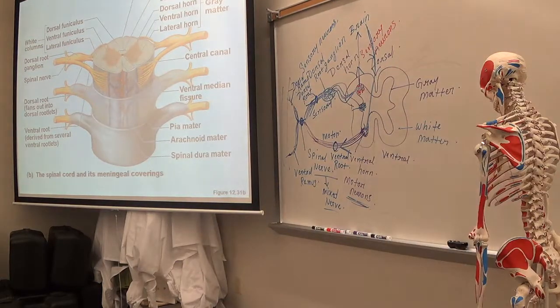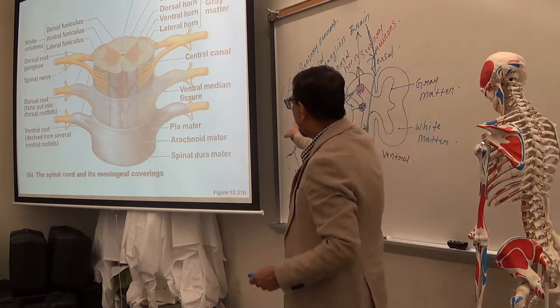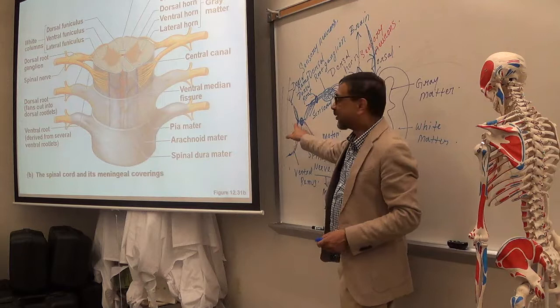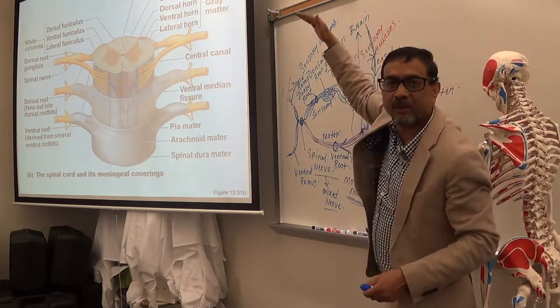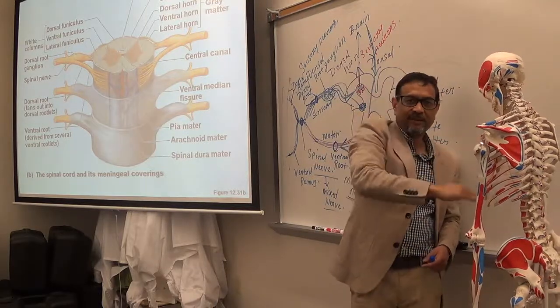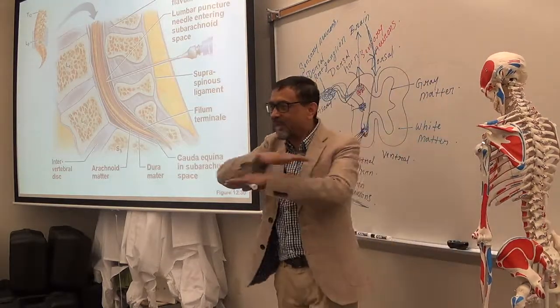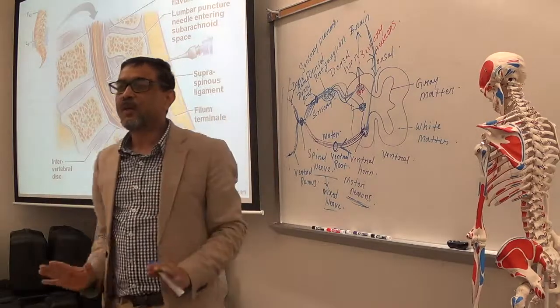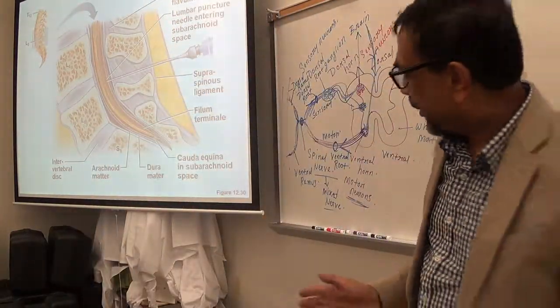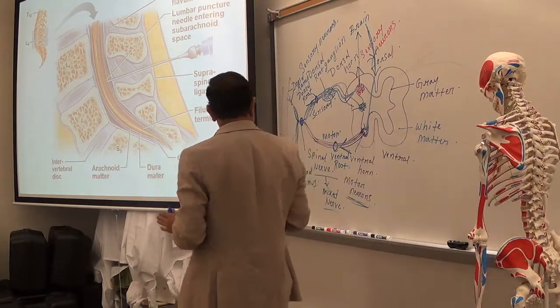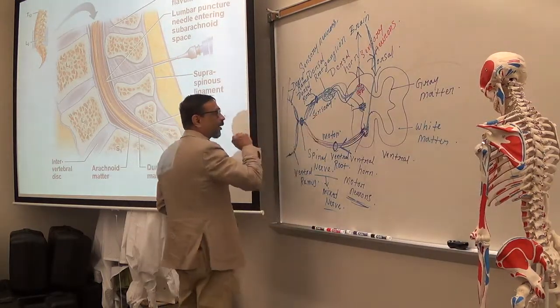Is it clear? So how many spinal nerves do you have? 31 pairs. This is just one of those, right? Same thing will happen on this side. 31. Okay? I have just shown you one slice. So this is how the spinal nerve is formed and how the roots and horns work.